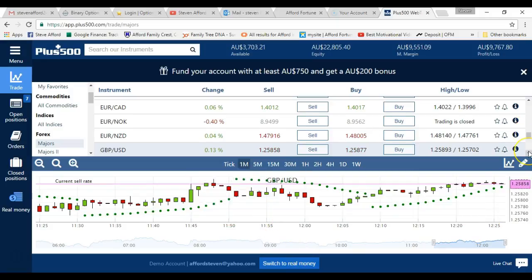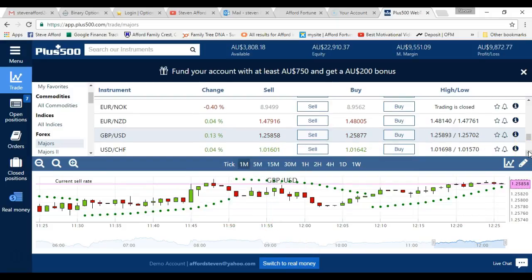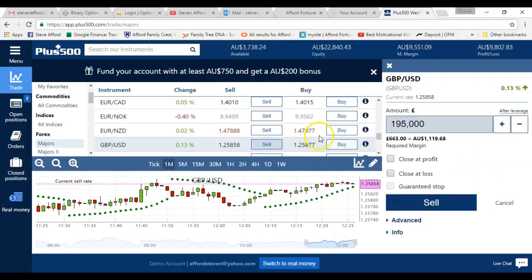Now, opening up two simultaneous trades of the same asset is quite simple. I've got plenty of equity there, about 3,800. So I'm going to open up GBP USD, both at the same time. When I say at the same time, I mean relatively within range.